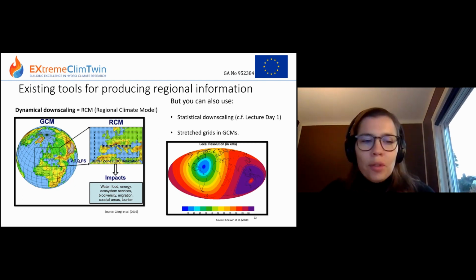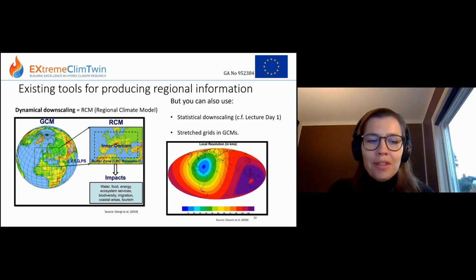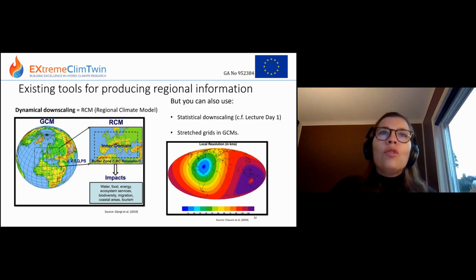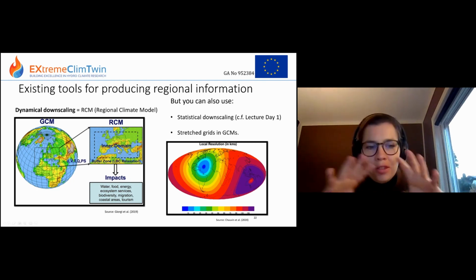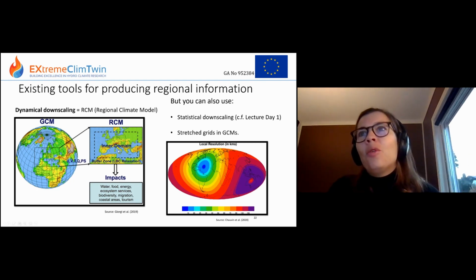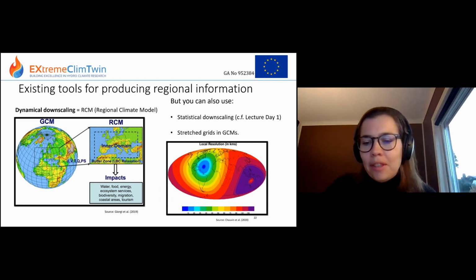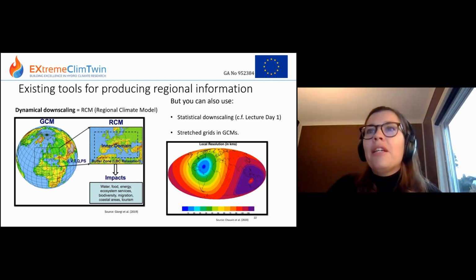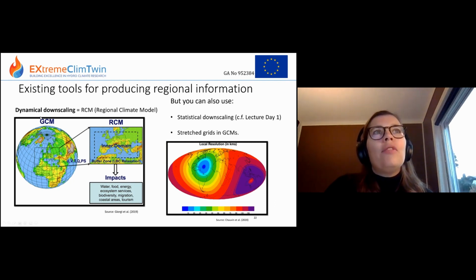It's another good technique, especially if you're looking at, for example, tropical cyclones. It's a technique that we have used because you don't have to go out of a domain. It's continuous in some way, so it can be interesting in some cases. But today we are focusing on the part on the left, the dynamical downscaling.